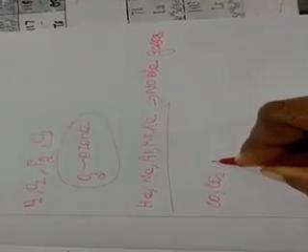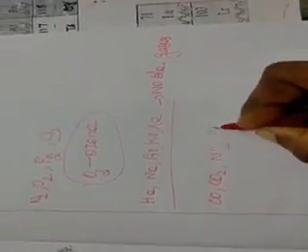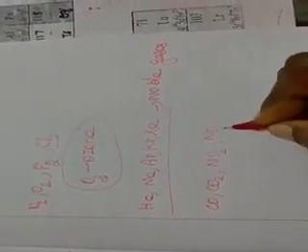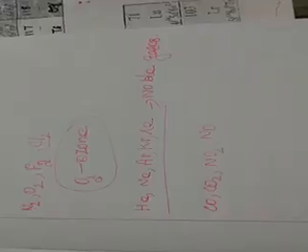Also present are compounds like carbon monoxide, carbon dioxide, nitrogen dioxide, nitric acid and nitric oxide. These compounds are also present in the atmosphere.